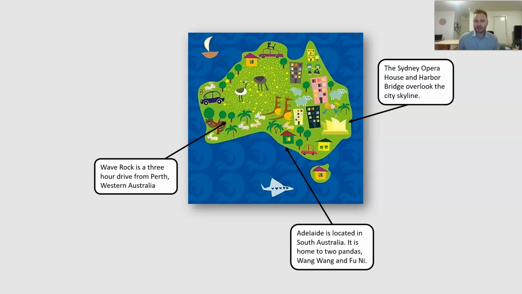Now that's three completely different examples, and you're probably going to keep it relevant to the stuff that you're actually talking about. But what annotations are doing is they're directing your attention straight to that particular spot. Your eyes are now going to focus here. Oh, what's going on there? And you're missing the fact that there's an emu in the middle of the country and there's a cat on top of a car, because that's not relevant to your assignment.